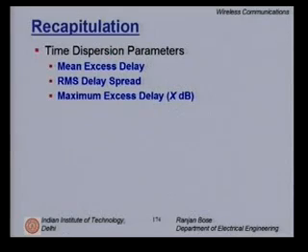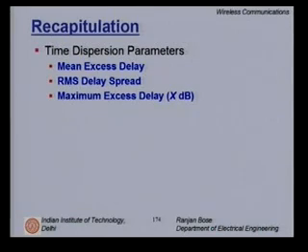In such case, we have various time dispersion parameters to characterize the channel. We learnt last time that the power delay profile, which we can measure, is useful in obtaining the three important time dispersion parameters, namely the mean excess delay, the RMS or the root mean square delay spread, as well as the maximum excess delay.